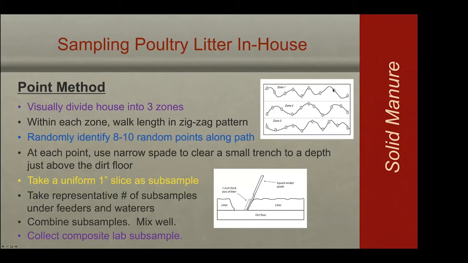You're going to take a flat nosed shovel or spade and dig down, creating a little trench. Then you take a 1-inch slice off the edge of that trench and put that into the bucket, at each of those spots in each of those zones. So you would end up with 24 to 30 subsamples in your bucket.